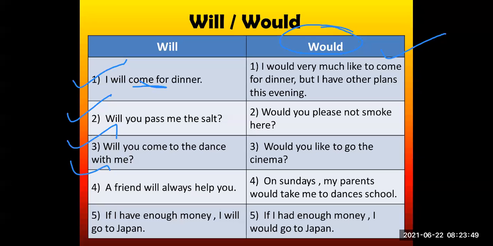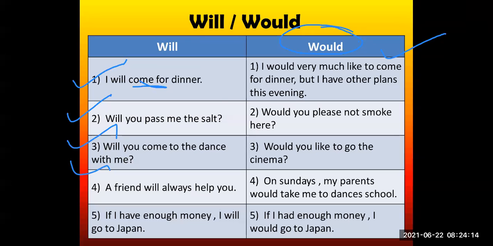If I had enough money, I would go to Japan. When you are talking about any imaginary situation, use the modal auxiliary would. So, understood, students, when we have to use will and when we have to use would.